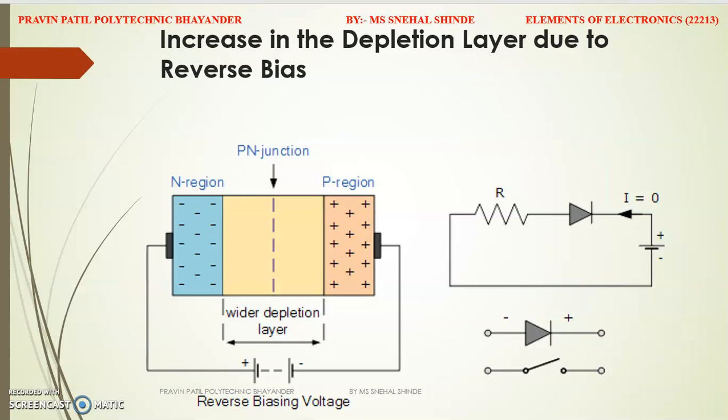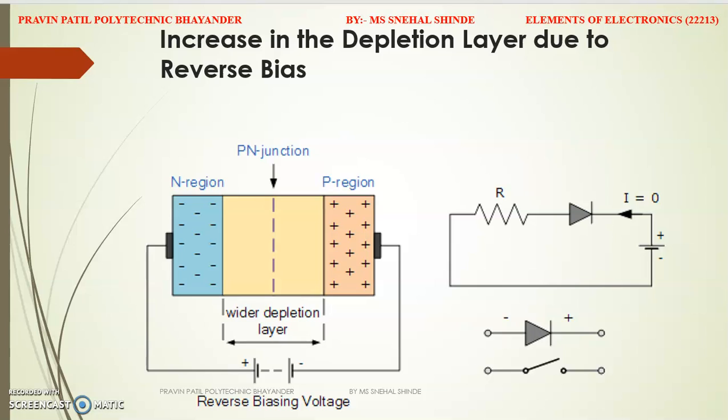The reverse current is denoted by I, and it flows from cathode to anode of the diode. Thus, reverse current flows exactly in the opposite direction to that of the forward current. Resistor R is connected to limit the reverse current.